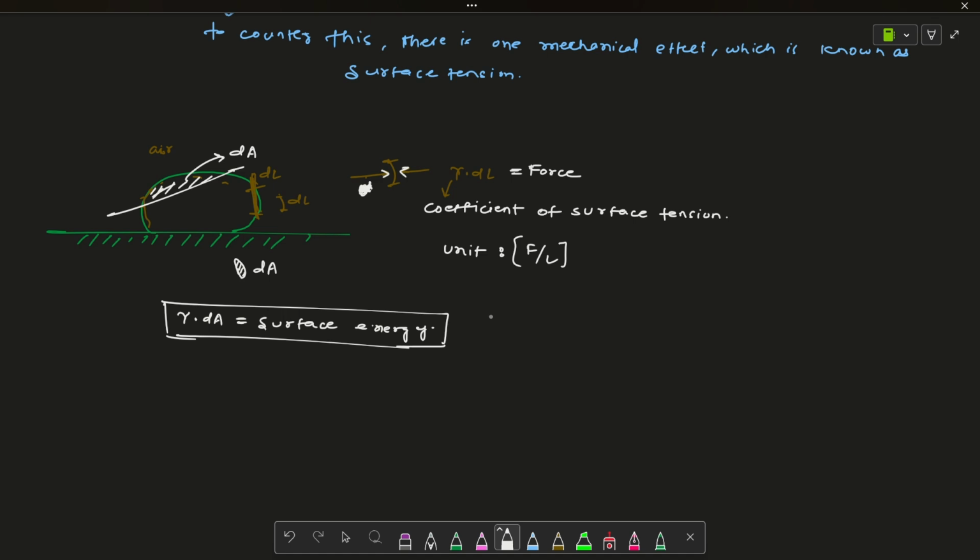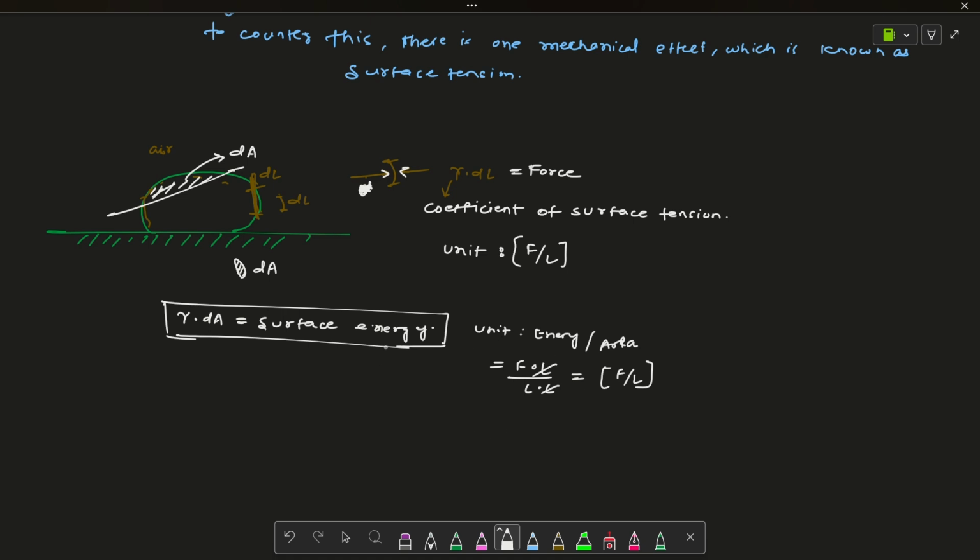From here you can tell that gamma is the coefficient of surface tension. Here the unit comes out as energy per unit area, right? If you do the dimensional analysis, you get force times length over length times length, so the fundamental unit remains the same: force per unit length.